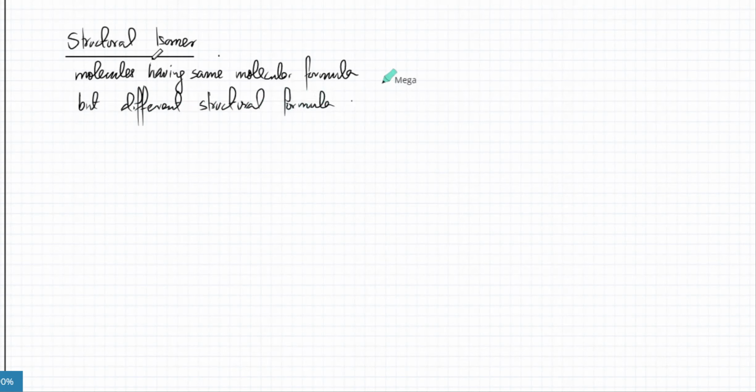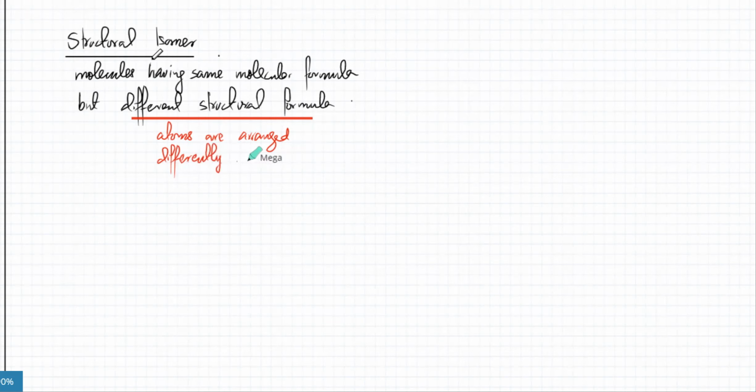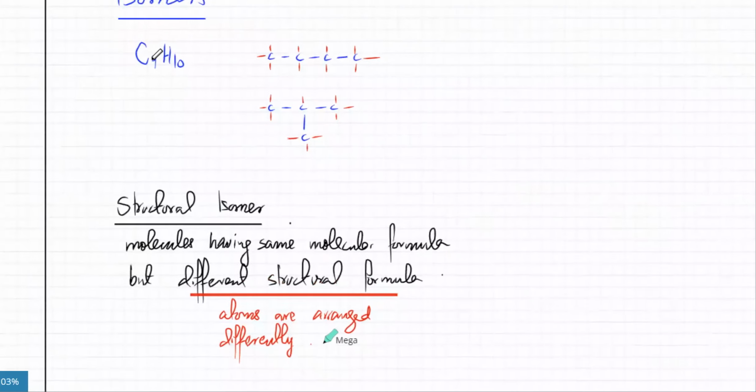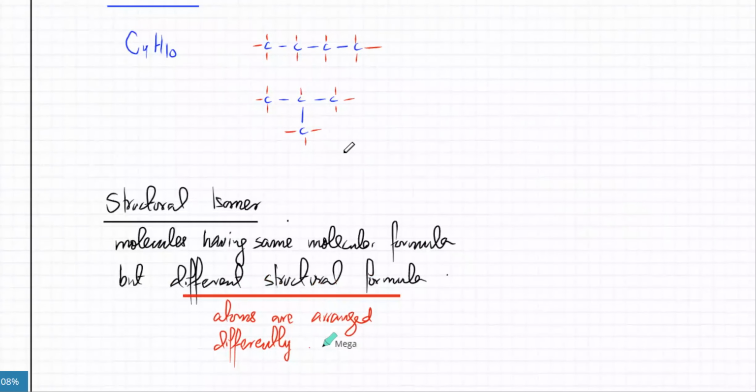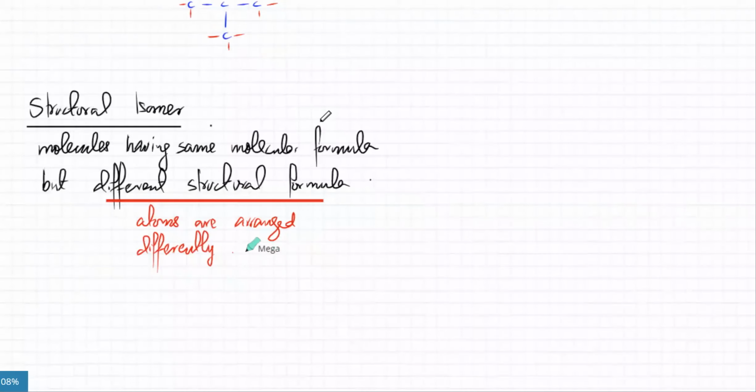When I say that they have different structural formula, what that basically means is that the atoms are arranged differently. So the atoms have to be arranged in a different order, a different manner. The bonding has to be different. I mean, this has 4 carbon atoms in a line, now 4 carbon atoms are not in a straight line. So the atoms got to be arranged differently.